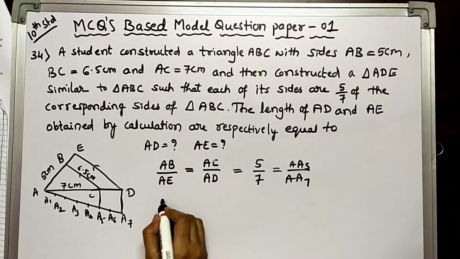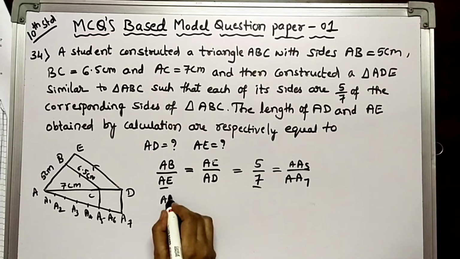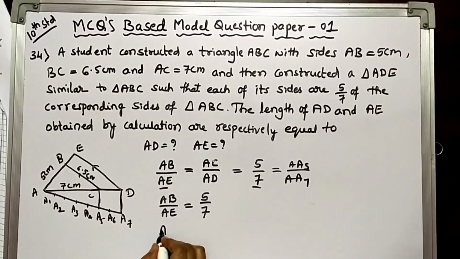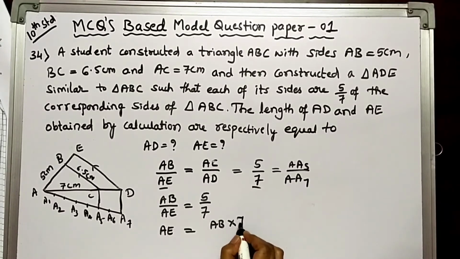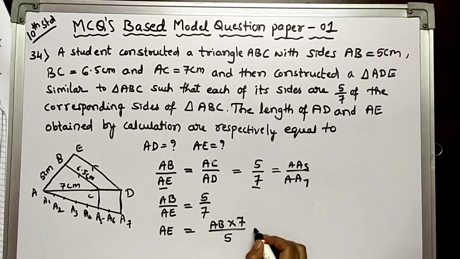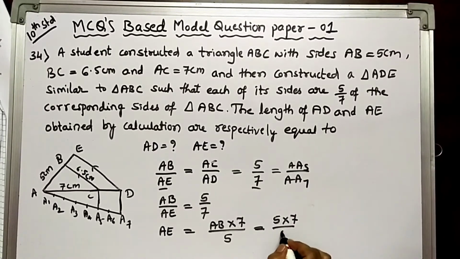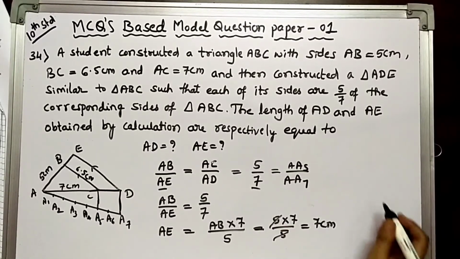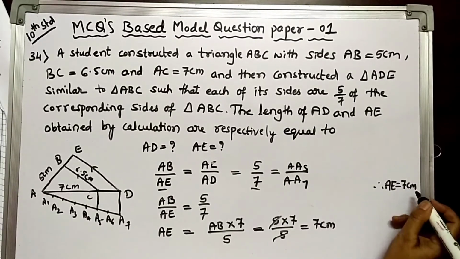Now we want AE. So for that I am taking this ratio: AB by AE is equal to 5 by 7. So AE is equal to AB into 7 divided by 5. AB is 5 cm, into 7 divided by 5. 5 cancels 5, so 7 cm. So AE is equal to 7 cm.